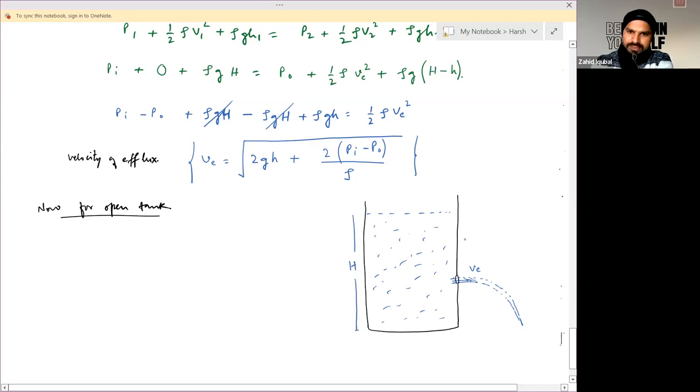The height of the tank is H and the height of the position of the hole is small h, and this is the position of the hole from the ground, same terms.